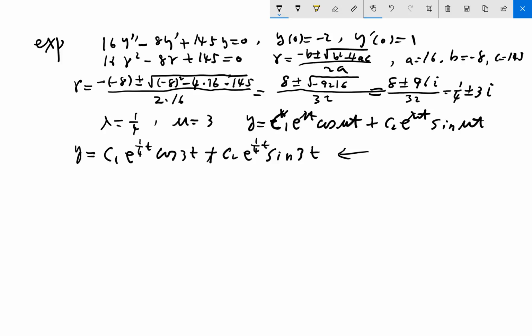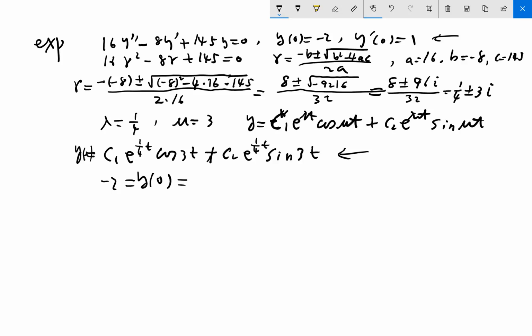Now we're looking for the specific one that satisfies the initial conditions. So we need to determine C1 and C2 such that those two initial conditions are satisfied. This is a function of t, so let t equal 0, with y(0) equal to -2.